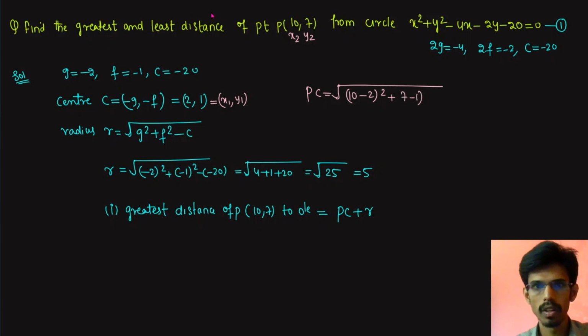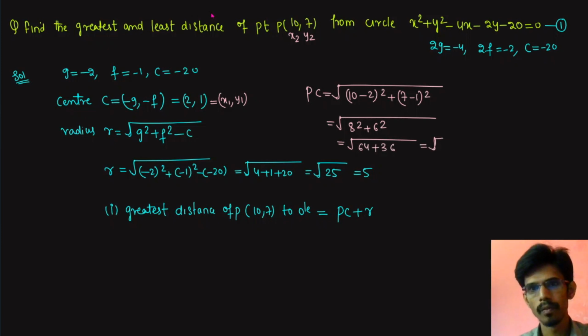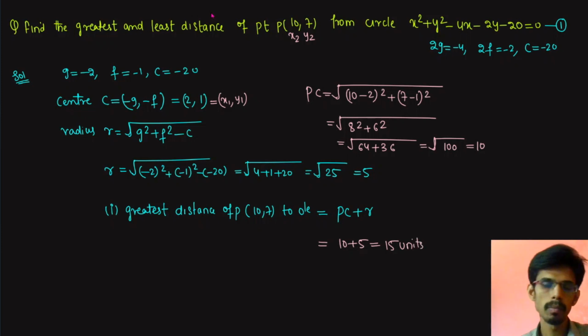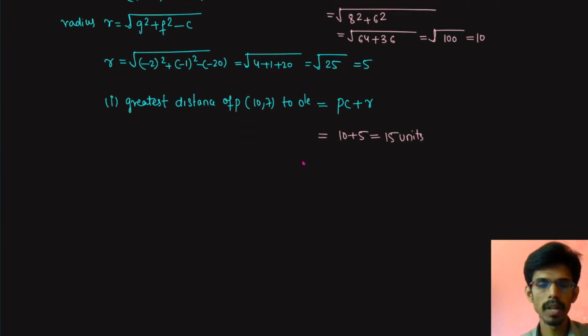Just the difference of coordinates: 8 square plus 6 square, this will be 64 plus 36, so root 100, that will be 10. So the maximum or greatest distance will be 10 plus 5, that will be 15 units. This is the maximum distance of this point from a point on the periphery of the circle.